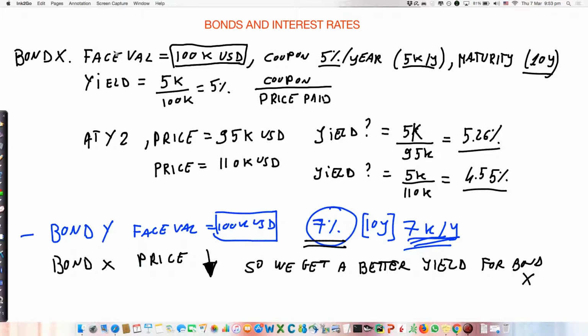But the main point here is this. First, understanding this concept, the face value, and remember that you get this amount of money at the end as well, the maturity, and the coupon, how much you get every year.